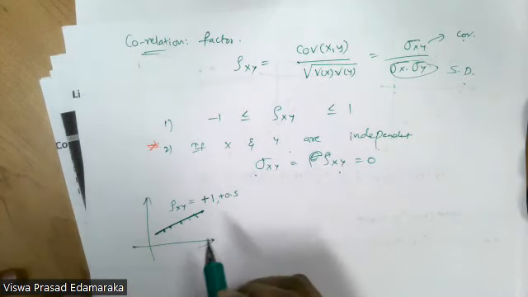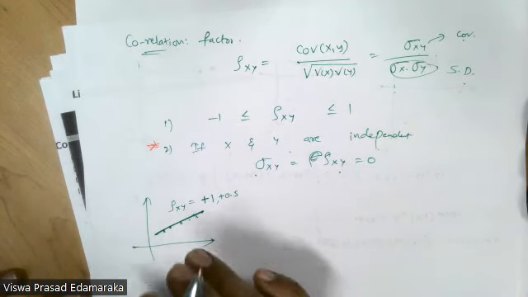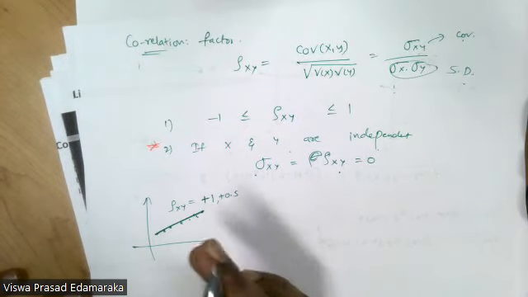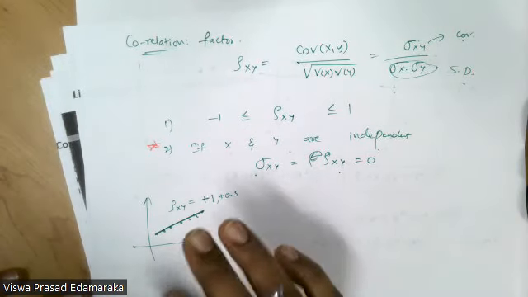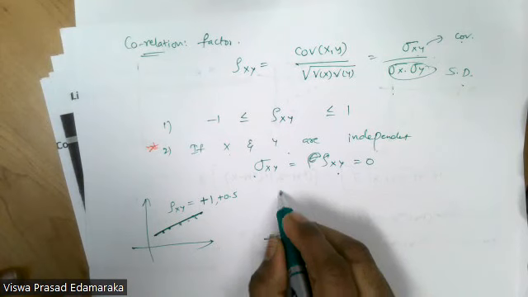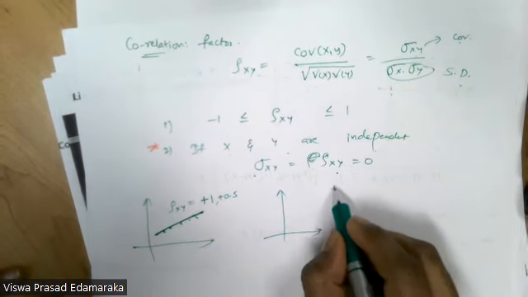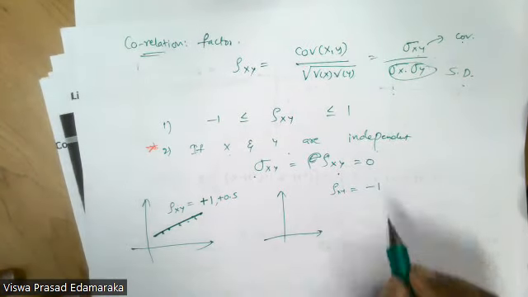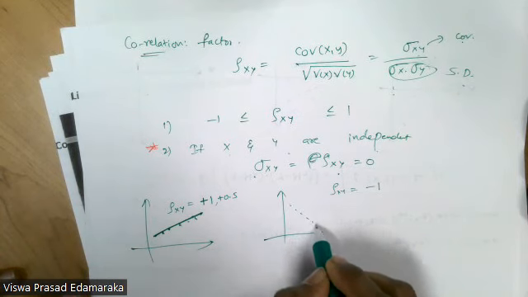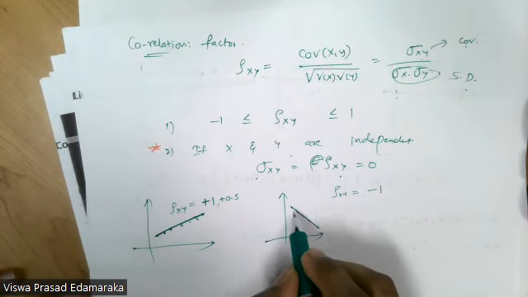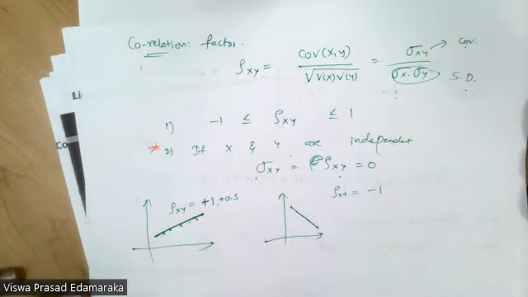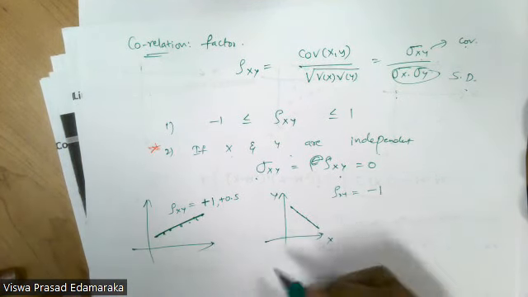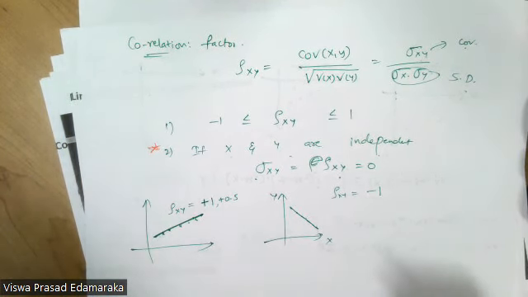So correlation helps you find out whether points are on the line or off the line. Similarly, rho xy of minus 1 means values are decreasing and all the values lie on the line. I think you understand this.